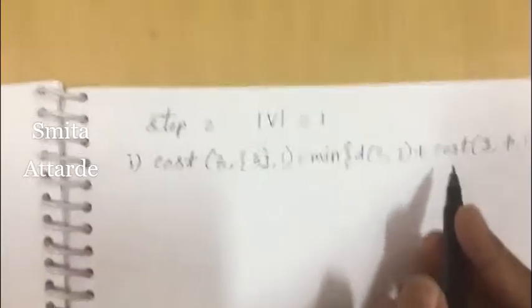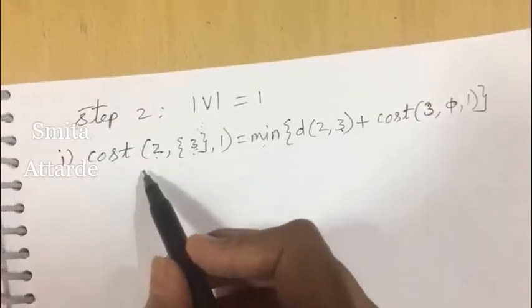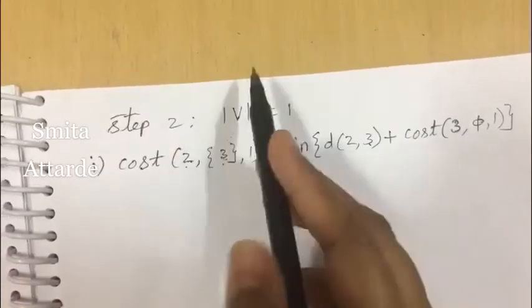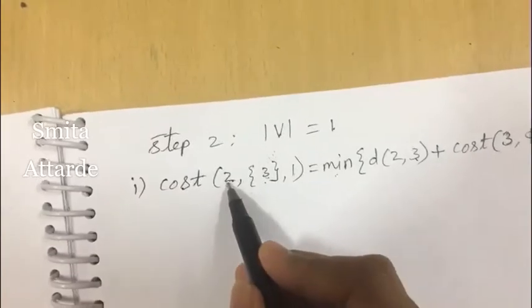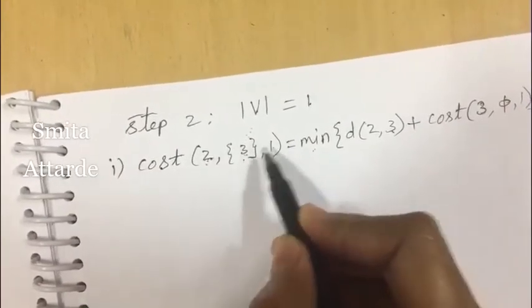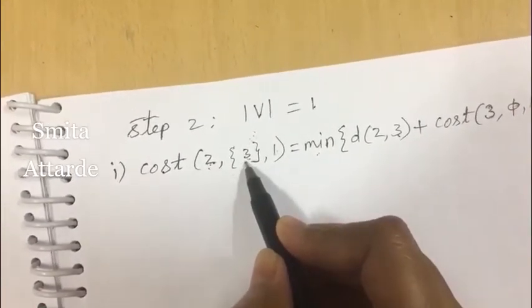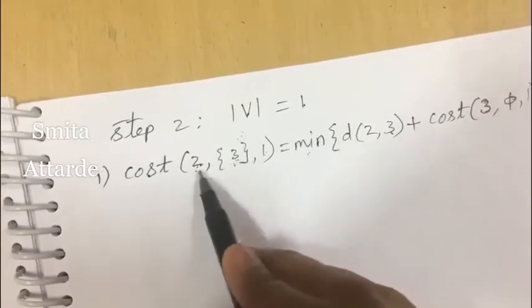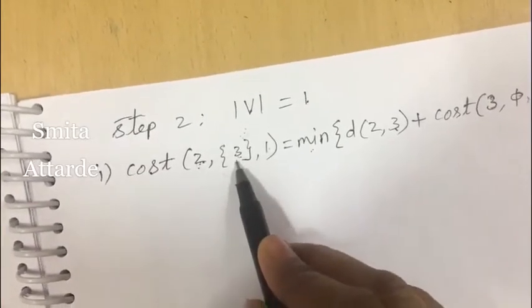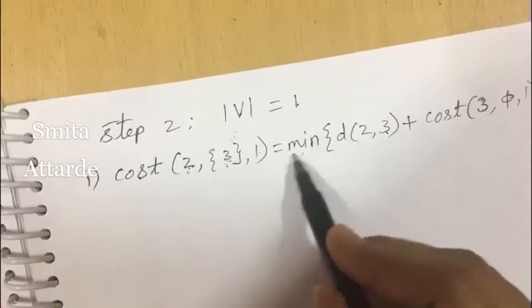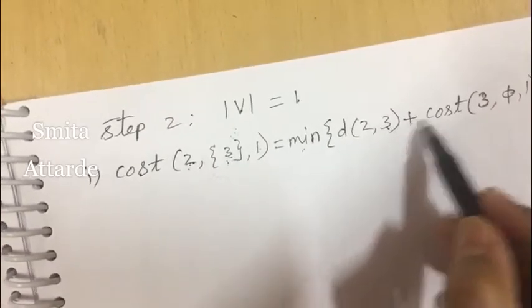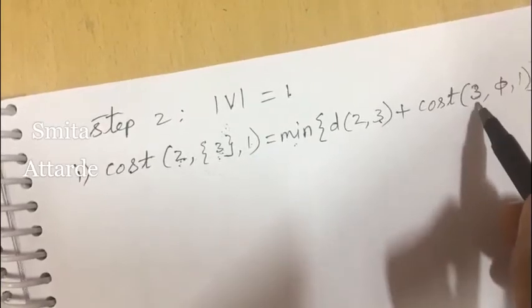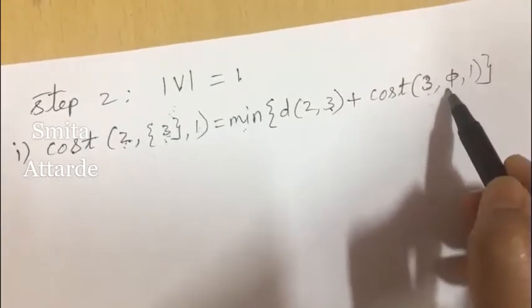See what we have written? We have implemented the formula. We are considering when the intermediate vertex is 1, that is we are finding out the distance between 2 and 1 when the intermediate vertex is 3. So the formula says minimum of distance of ij, so this is I, this is j. So 2 3 plus cost of j, and v minus j.